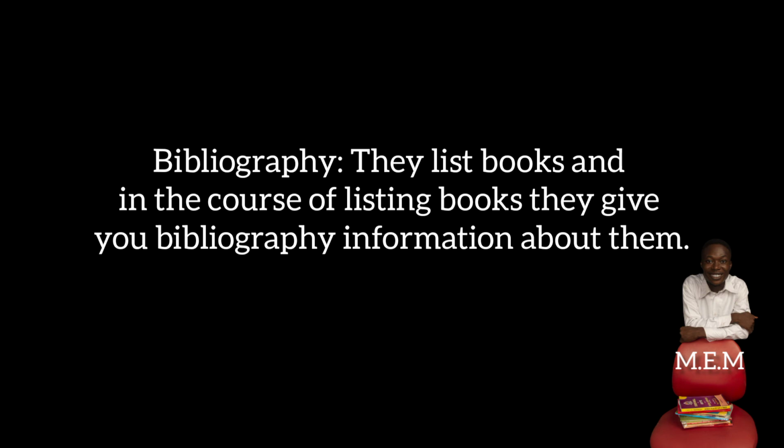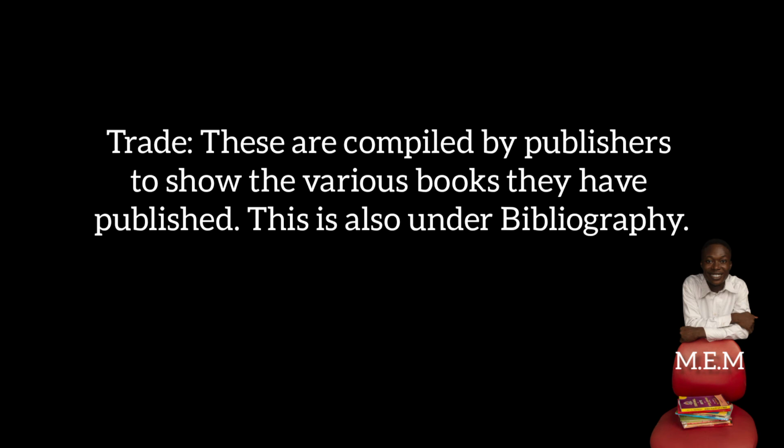It could be a national bibliography or a subject bibliography on a particular subject. We also have trade. Trade is a compilation of published books by publishers. Publishers compile the list of books they have published, and that is what we call trade.